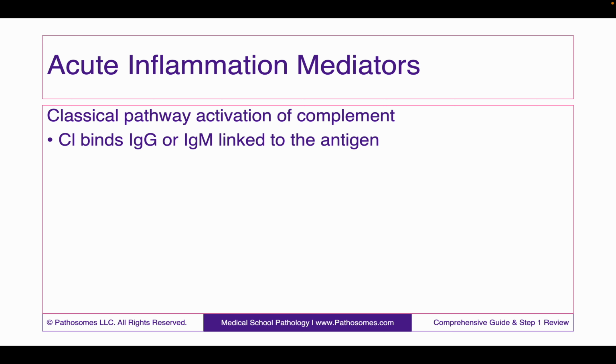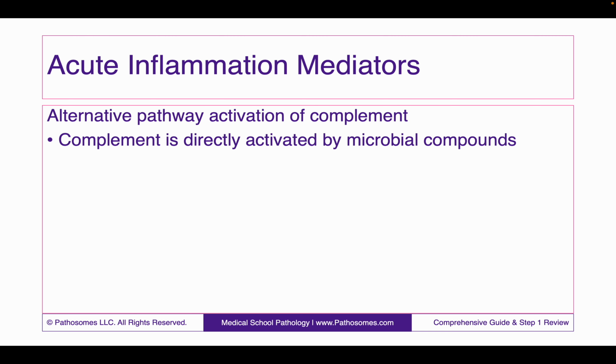Let's discuss the classical pathway activation of complement, since it's classical. Now, no, it's not playing the grand piano. It's classical because C1 binds the IgG or IgM linked to the antigen. But in the alternative pathway activation of complement, this is complement that is directly activated by the microbial compounds.